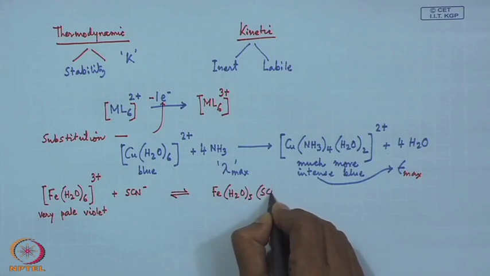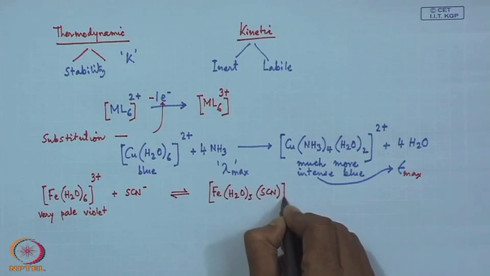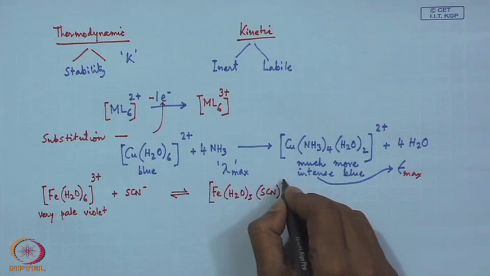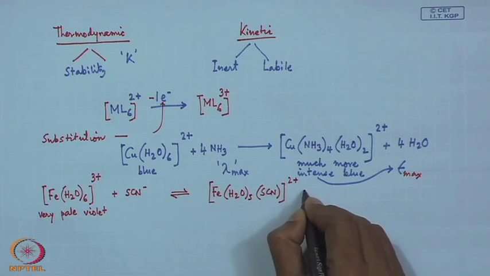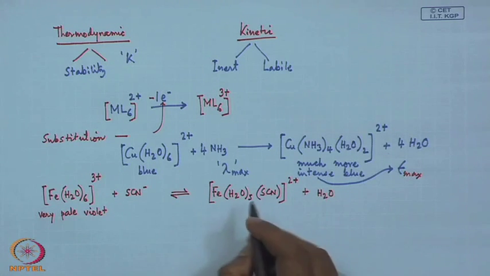We get the attachment of one thiocyanate group to the iron center with replacement of one water molecule, with the elimination of that water molecule.